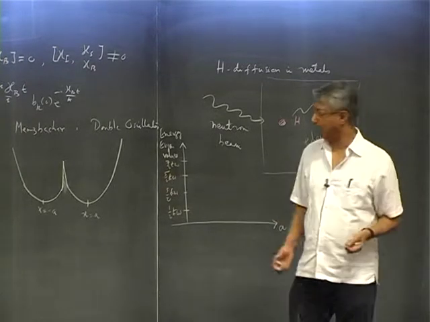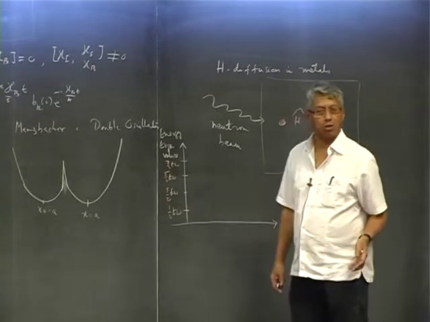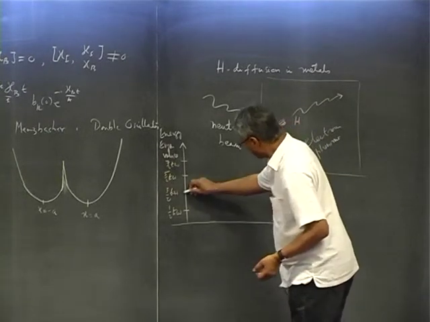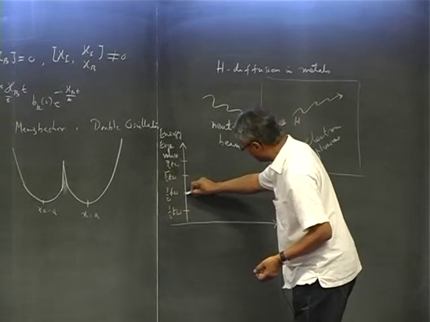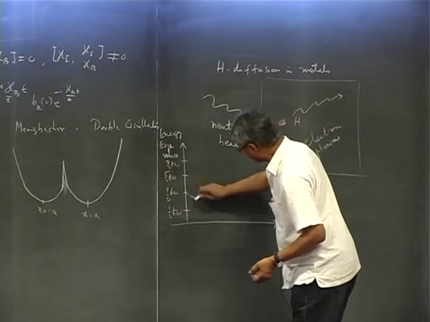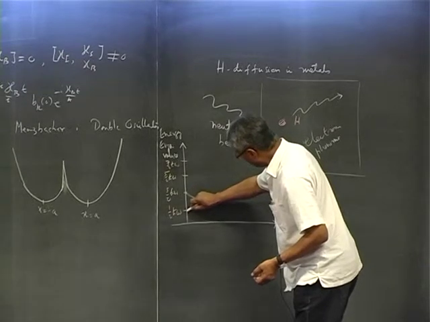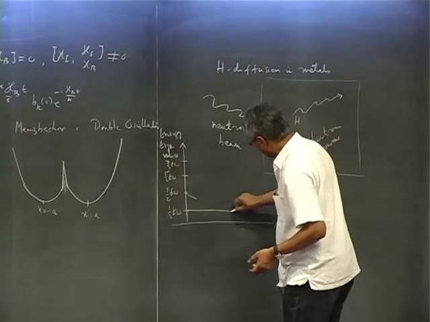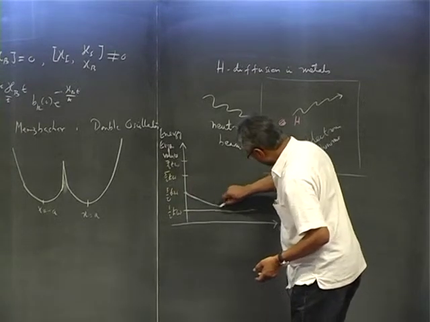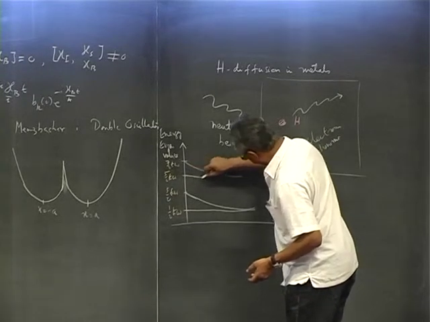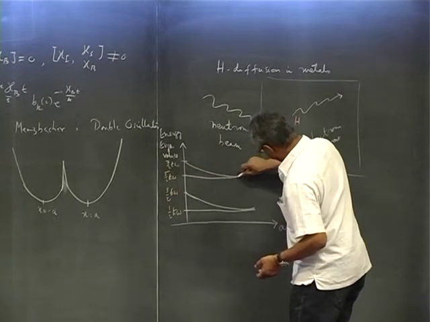Because the two oscillators don't talk to each other now. So, as Messiah shows, what you will see is a collapse. The two oscillators, the ground state will look like this, and so they will collapse pairwise as A becomes very large.